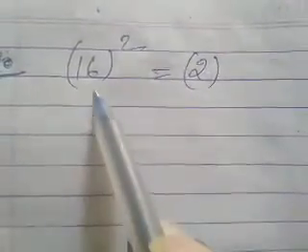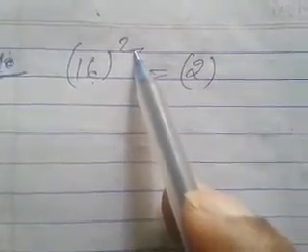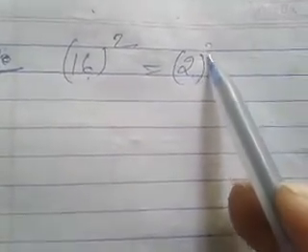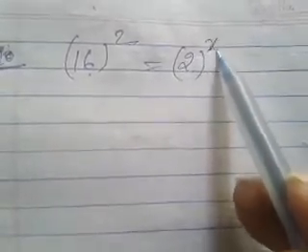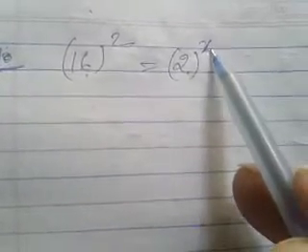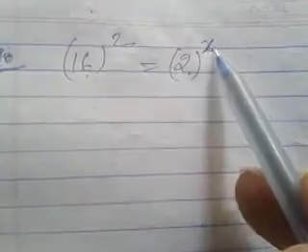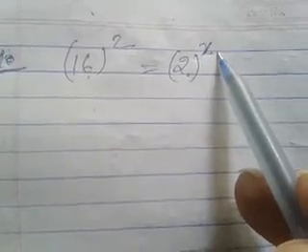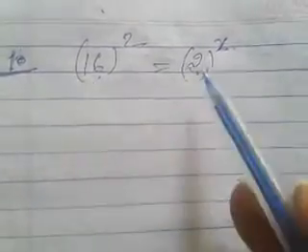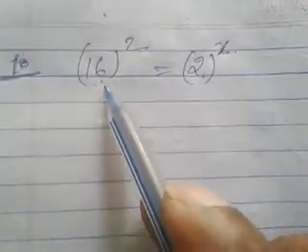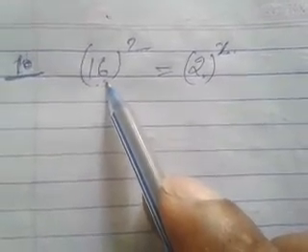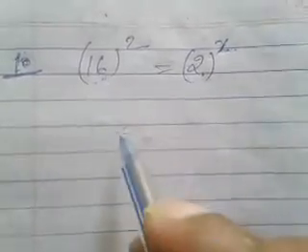We can write 16 raised to the power 2, and we have to write 2 as a base, and find what the exponent or power of the base 2 is. First of all we have to write the base 16 as a base of 2. So how can we write this?